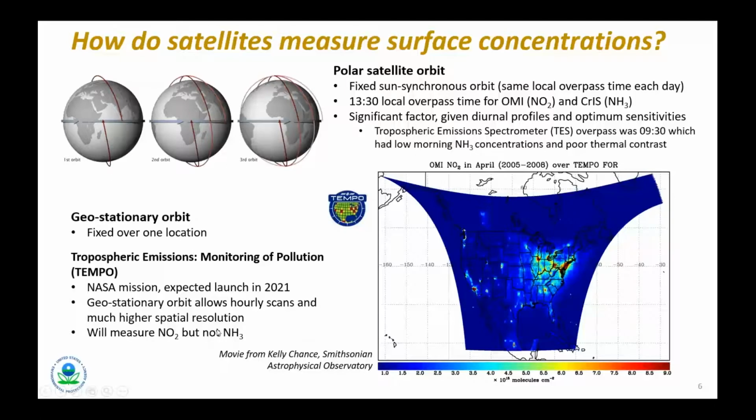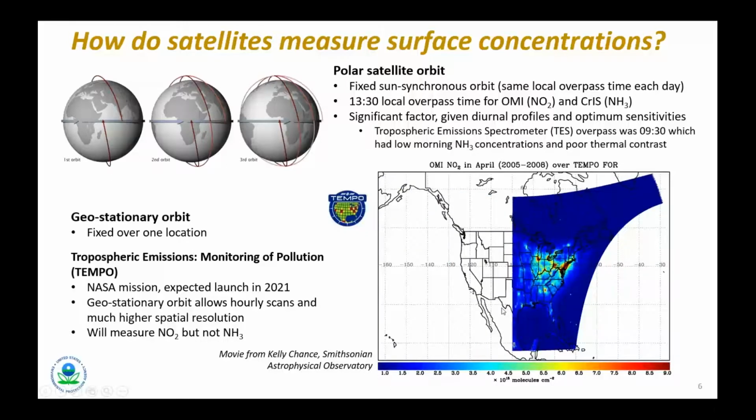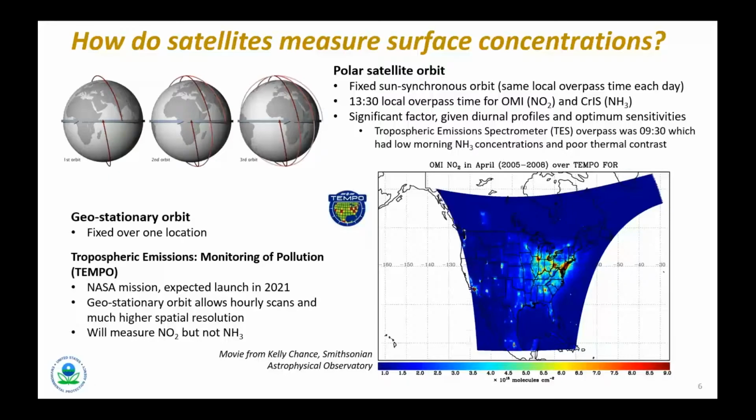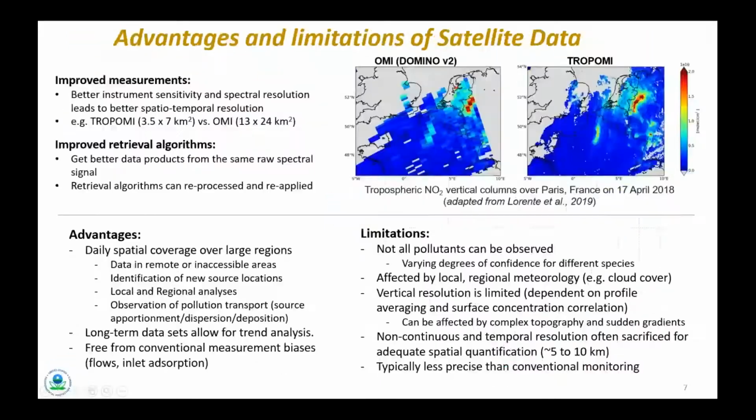I'm not sure how long that will be delayed with the pandemic, but hopefully not too long. The nice thing is that this will have hourly scans, and with that we'll be able to get much higher spatial and temporal resolution. This will measure NO2, but unfortunately not ammonia. And just quickly, the satellite measurements are improving. There's better instrument sensitivity and spectral resolution.